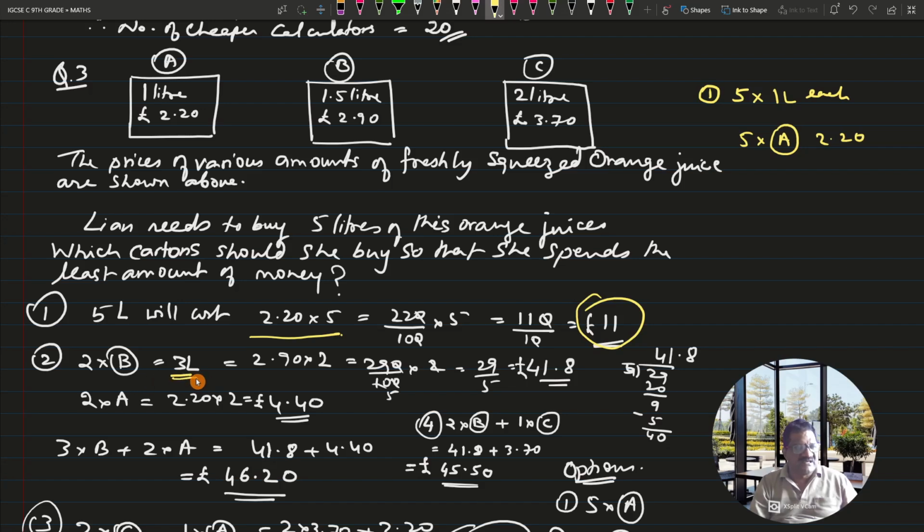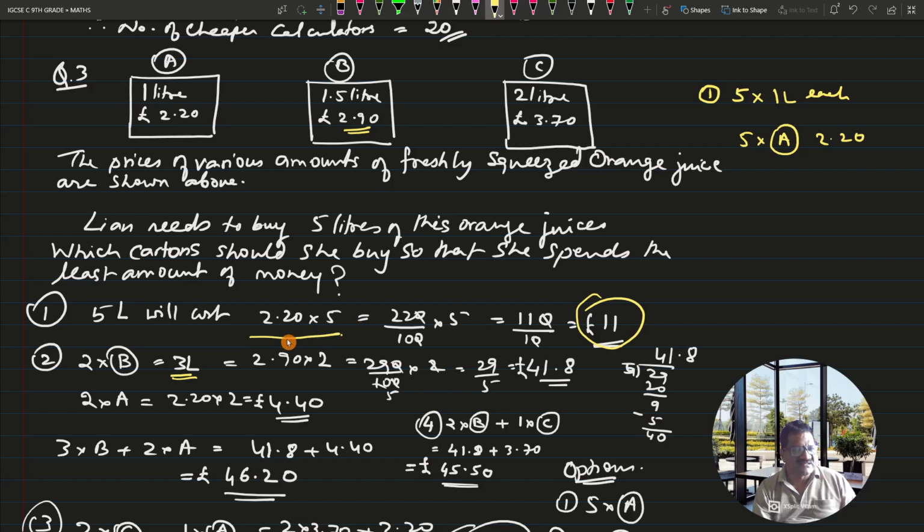But the rate for this pouch is 2.90. So the cost will be 2.90 into 2, because she is going to take 2 pouches, which makes 3 liters.